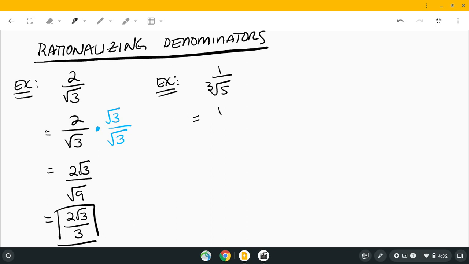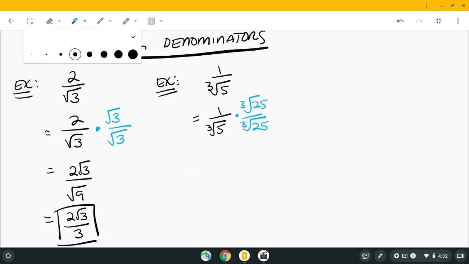So I'm going to go ahead and multiply, let me use my blue again, by the cube root of 5, and I'm going to end up with the cube root of 25. 25 is still not a perfect cube. So I need to multiply by cube root of 25. That way 5 times 25 is 125, which is a perfect cube.